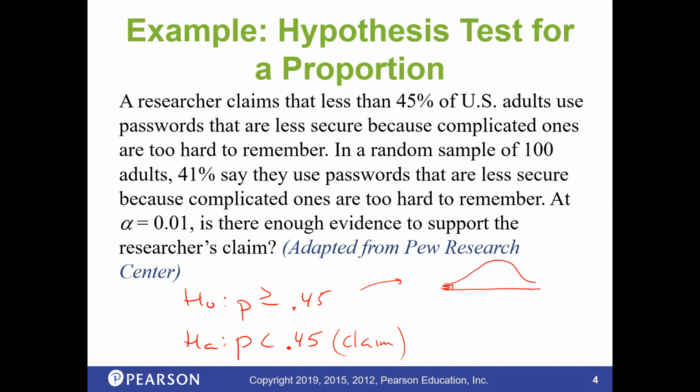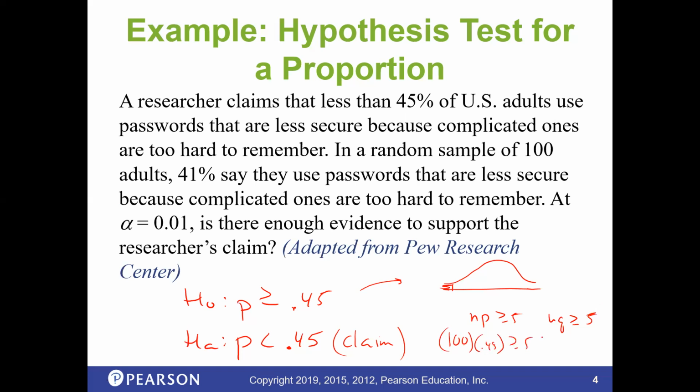So let's try this. First things first, before we even begin, can you guys tell me real quickly, I just need to make sure this is true: is NP greater than or equal to 5 and Q greater than or equal to 5? How many samples did we do? 100. 100 times the p-value, 0.45.